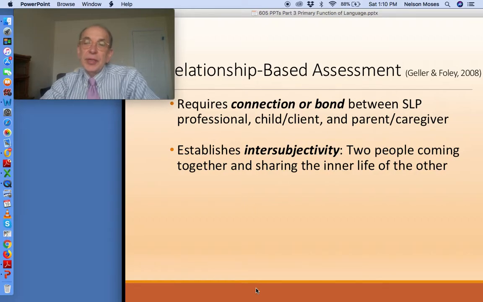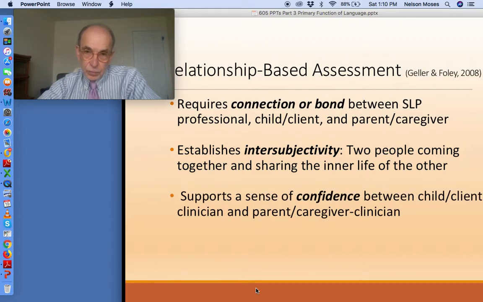Each trying to understand the other's point of view, the other's feeling states, the other's ideas about events that are occurring. Relationship-based assessment supports a sense of confidence between the client and the caregiver and the clinician.